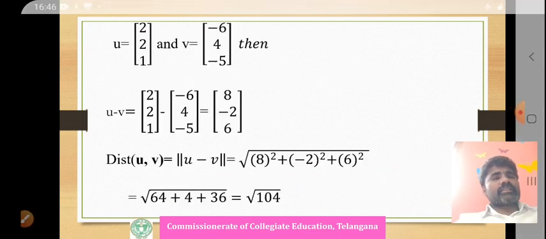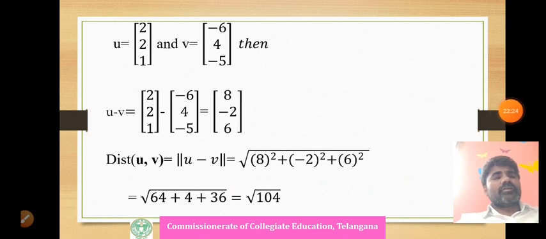Now let us take one example. Let u equal 2, 2, 1 and v equal minus 6, 4, minus 5. These are the two vectors in R cube. The distance between u and v is the norm of the difference of the vectors.